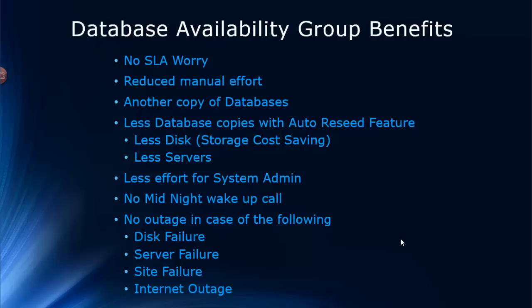So 100 terabytes of disk saving in just one example with the help of AutoReseed. Yes, if you just have one database, AutoReseed might not be that useful for you in terms of saving disk, but it will still be useful in terms of automation. So you don't need to wake up in the night to fix it. As simple as that.